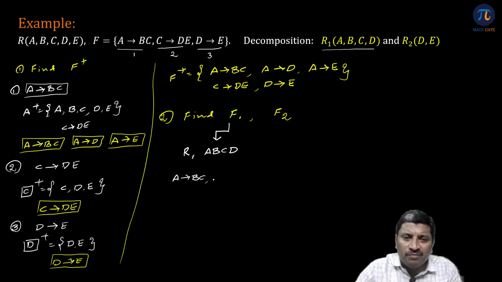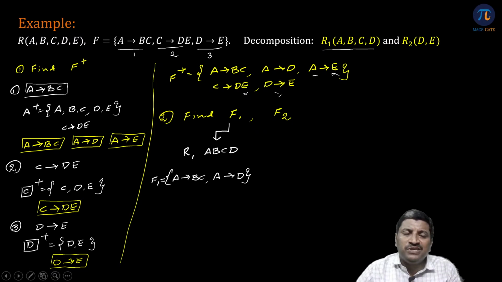A implies D, it's fine. A implies E, this we should not write because E is not here. Then C implies D, E, this also we don't write. D implies E, this also we don't write in F1. So in F1, I have only 2: A implies BC, A implies D.